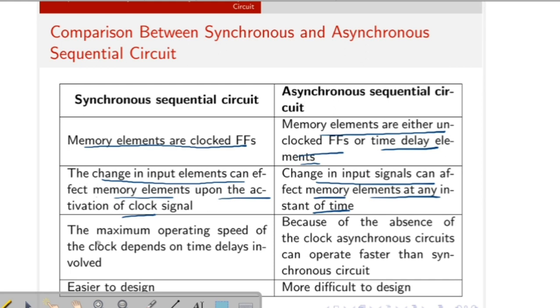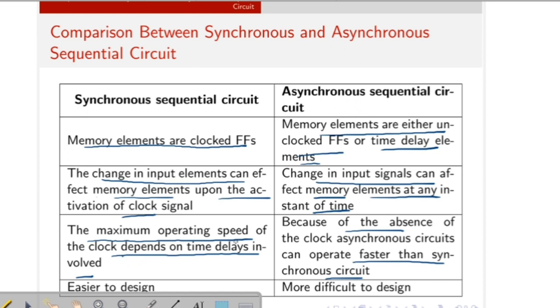Third difference, the maximum operating speed of the clock depends on the time delay involved. In a synchronous sequential circuit it depends on the clock signal, at what time the clock signals are applied to the system.